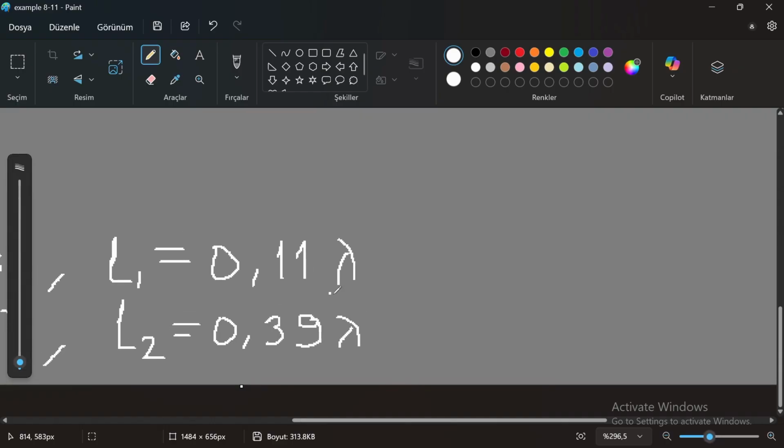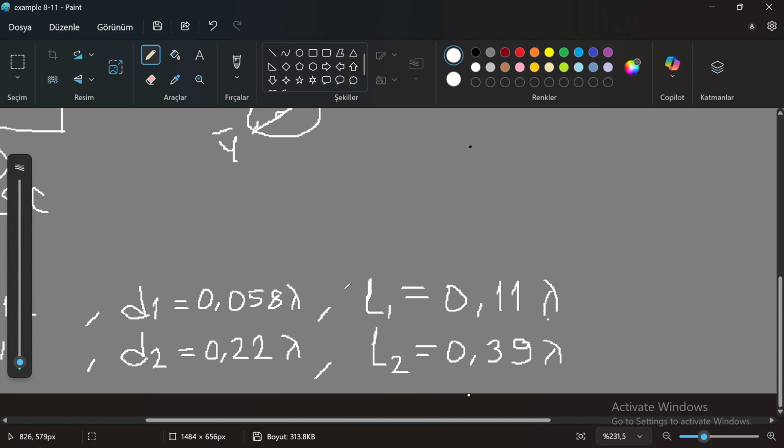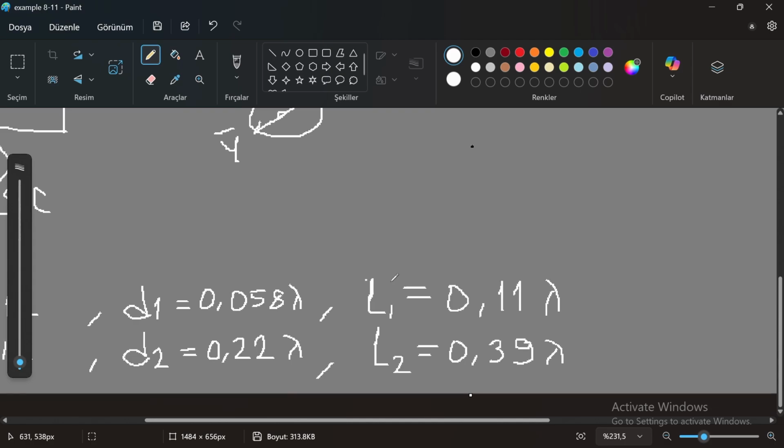We have found two values. Okay, we are done with the problem, and most of the time we take the smaller value here. If we choose this one, 0.11, we are deciding according to L values, and most of the time we take the small distance.